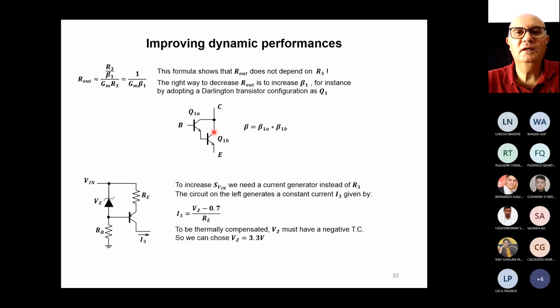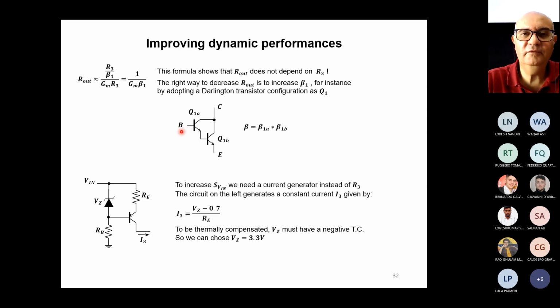So I can say that the emitter current of the first transistor is beta 1 times the base current of the first transistor, and then this current becomes the base current of the second transistor. So the emitter or collector current of the second transistor will be beta 1 times beta 2 times the incoming current.